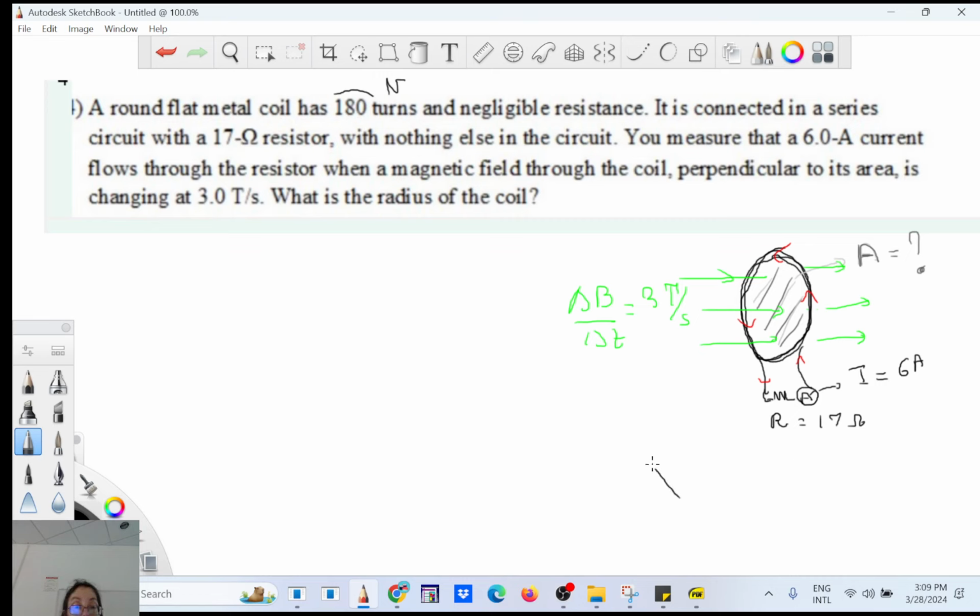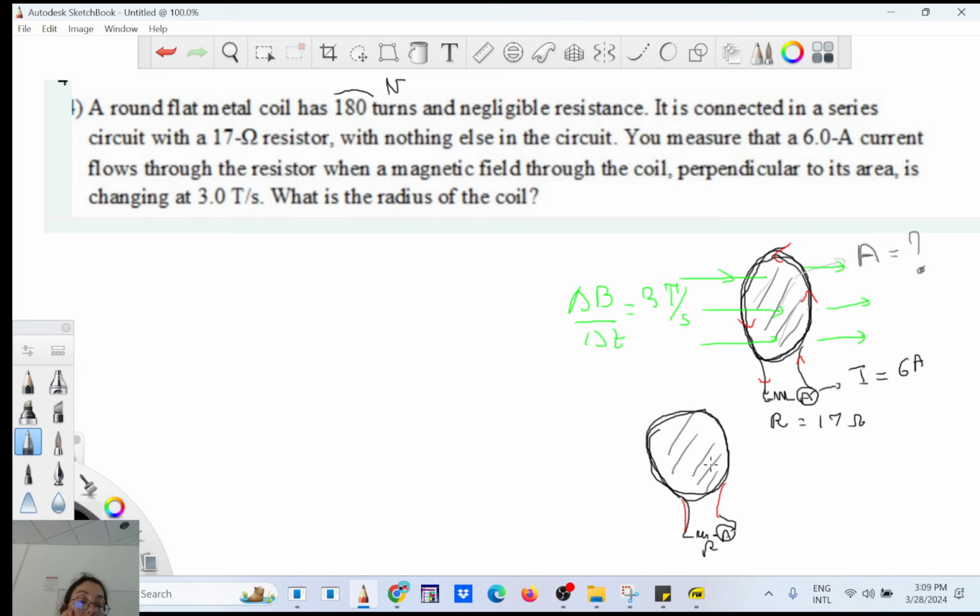Okay, good. You have to use Ohm's law. So the area does not change. It's just the number of field lines that is changing.